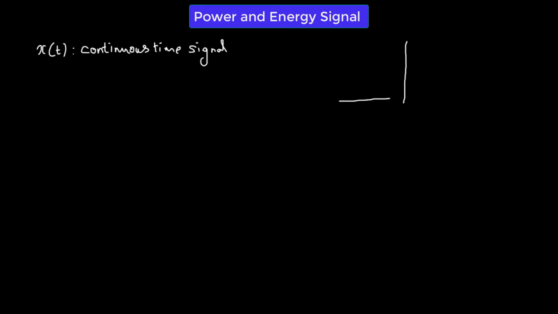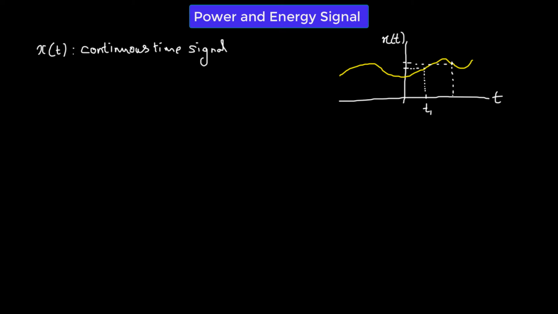So if we have the x-axis as the time axis and the y-axis as the continuous time signal, and assuming that we have a continuous signal, at any given point of time t1 we're going to find some value of the signal. So that is what is meant by a continuous time signal.